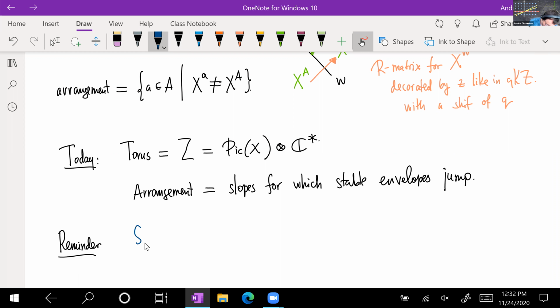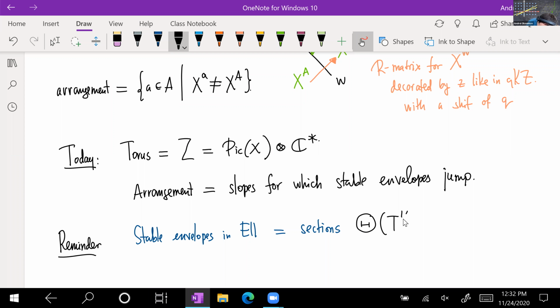Stable envelopes in elliptic homology are sections of some bundle, which is something like theta of polarization times something of degree 0, some line bundle on an abelian variety.